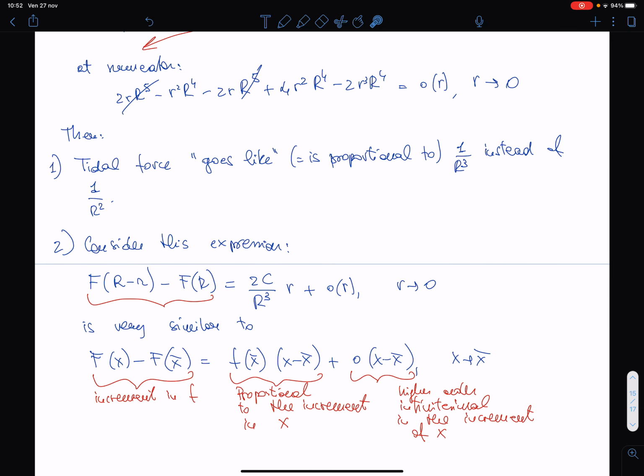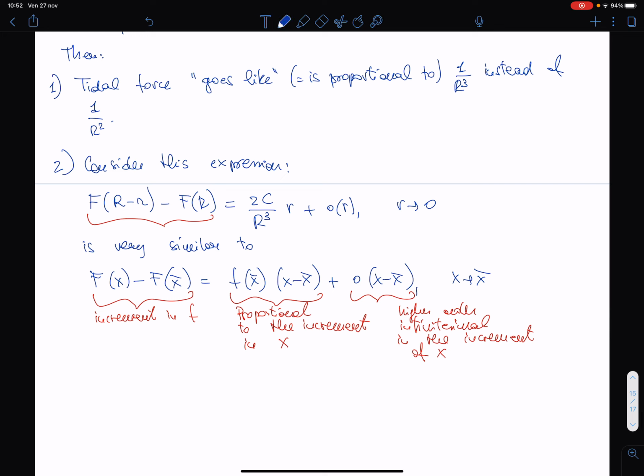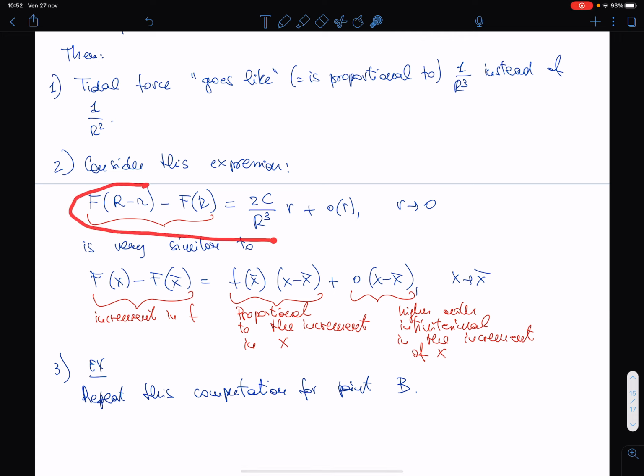And other point, as an exercise, repeat this computation for point B. But what I want to stress here is that from a physical important phenomenon, we got to a computation that has the same structure of what we found here.